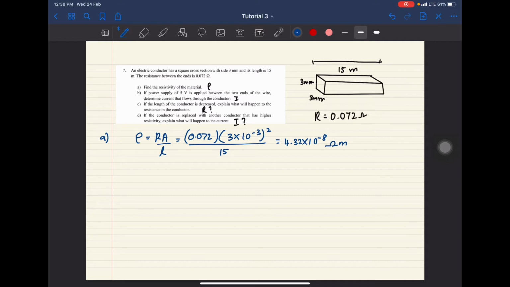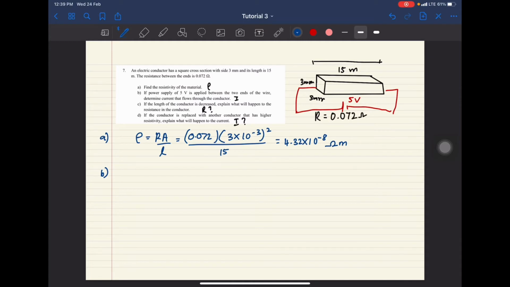B, if power supply of 5 volt is applied between the two ends of the wire, so dia kata now dia actually is connected to a power supply which is 5 volt. Determine the current. Okay, if you want to determine the current flows in a conductor, you can use Ohm's law. V equals to IR.